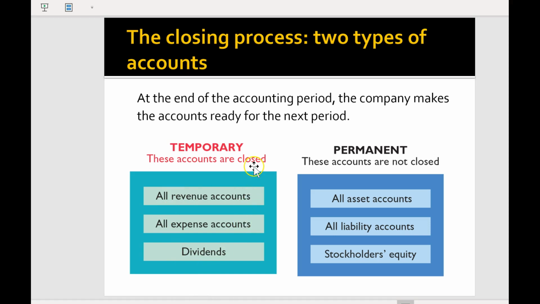What close means is that we are resetting these accounts. A simple way to express this is that if you think about revenues, we are always evaluating a manager's performance during the period.